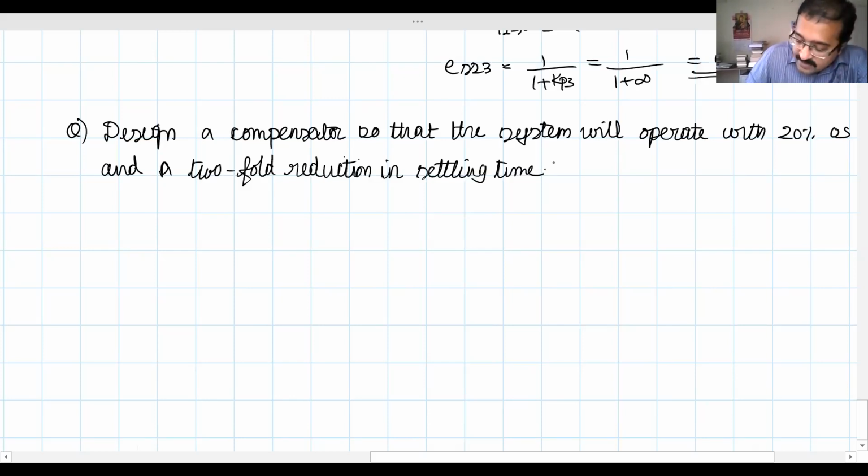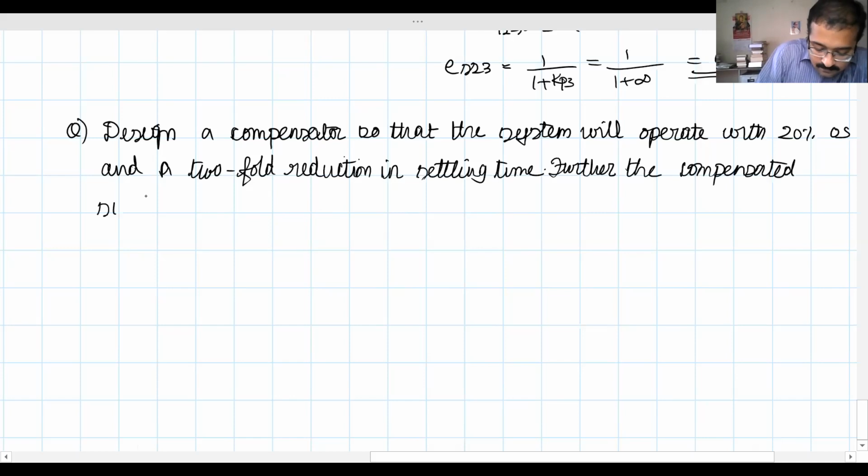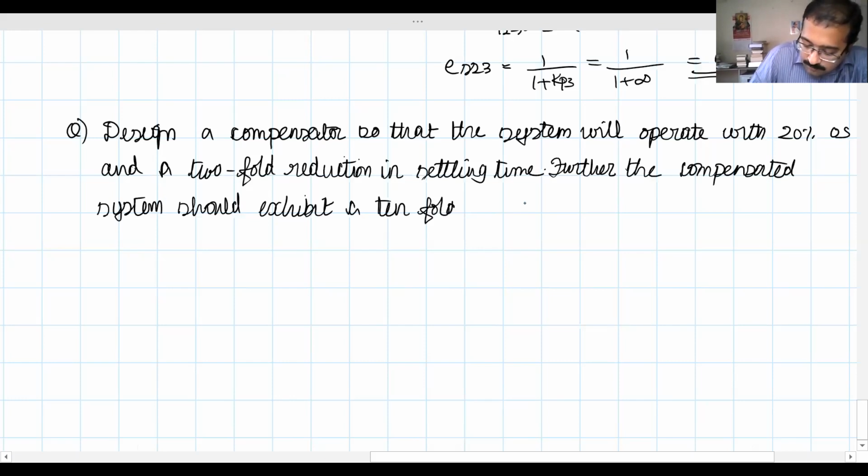Further, the compensated system should exhibit a tenfold improvement in steady state error for a ramp input.